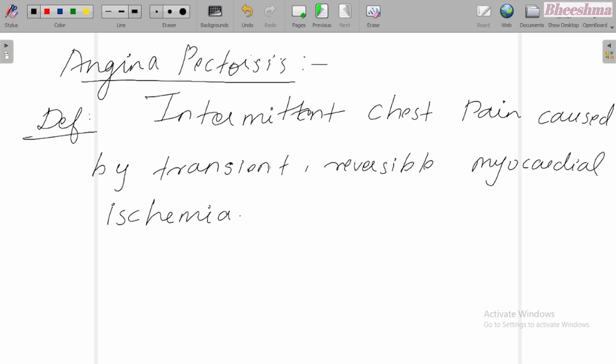Angina pectoris is an intermittent chest pain caused by transient reversible myocardial ischemia.